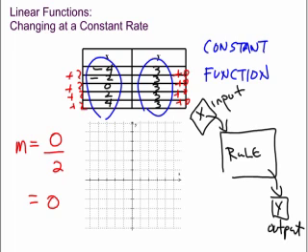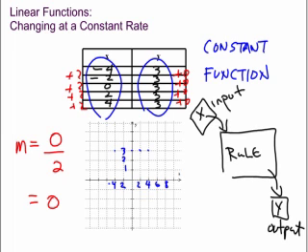And when you plot those points, put my scale here, 1, 2, 3 on the y-axis, go by 2's on the x-axis. You plot these points: negative 4, 3, negative 2, 3, 0, 3, 2, 3, and 4, 3.